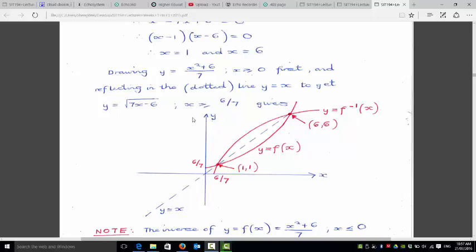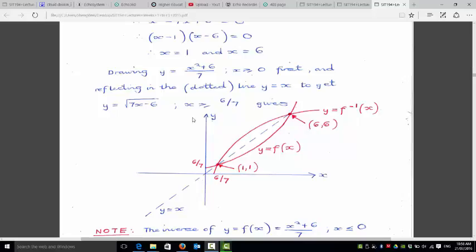Now we found two intersection points. In order to sketch the function as well as the inverse function, we just sketch one and mirror it according to the line y equals x.